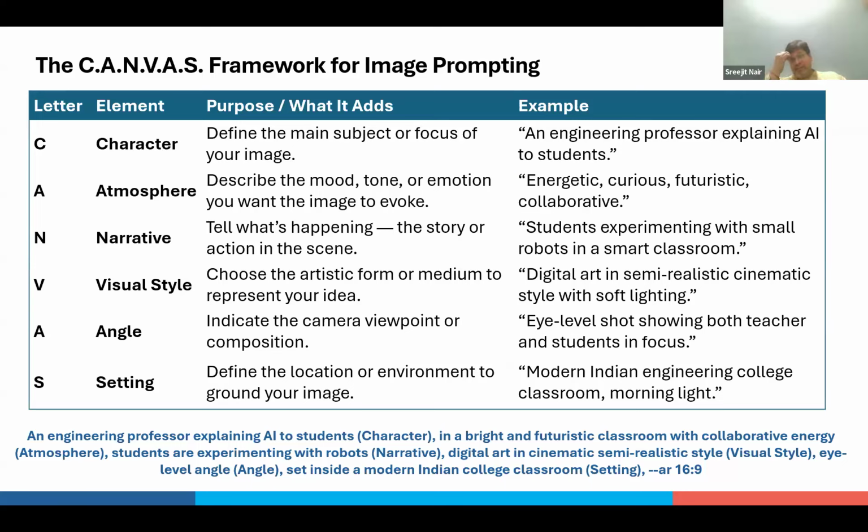Say you are trying to generate an engineering professor explaining AI to students. And now, in what atmosphere is that particular professor sharing this? So describe the mood, tone, emotion you want: energetic, curious, futuristic, collaborative. Then the narrative aspect. Tell what's happening: students experimenting with small robots in a smart classroom.